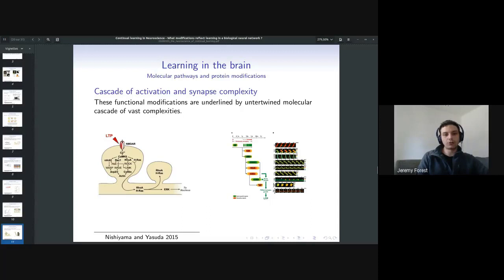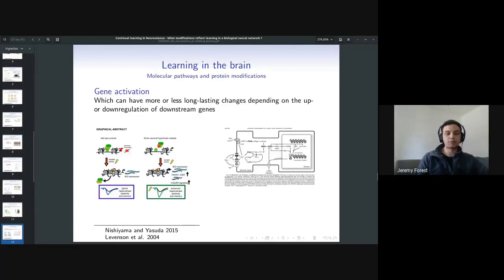And then we can go, as you can see here, all the way to nucleus modification, which is gene expression, gene upregulation, and downregulation, meaning that some genes are going to be expressed that were not expressed, and the reverse is also true, which could impact the strength of the connections between two neurons at more or less long-lasting time windows.